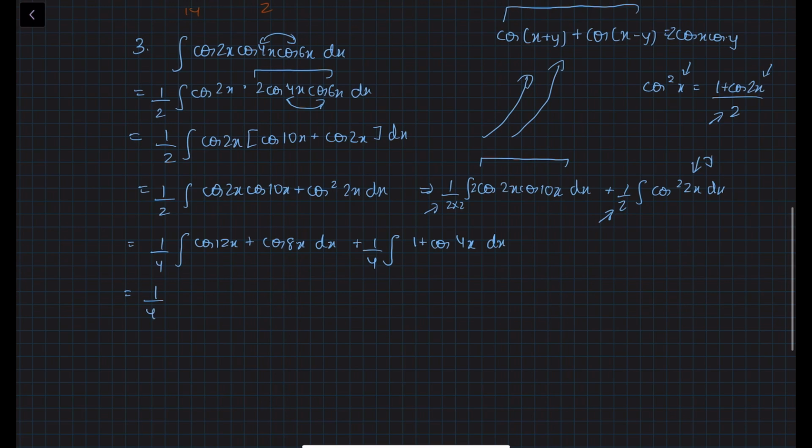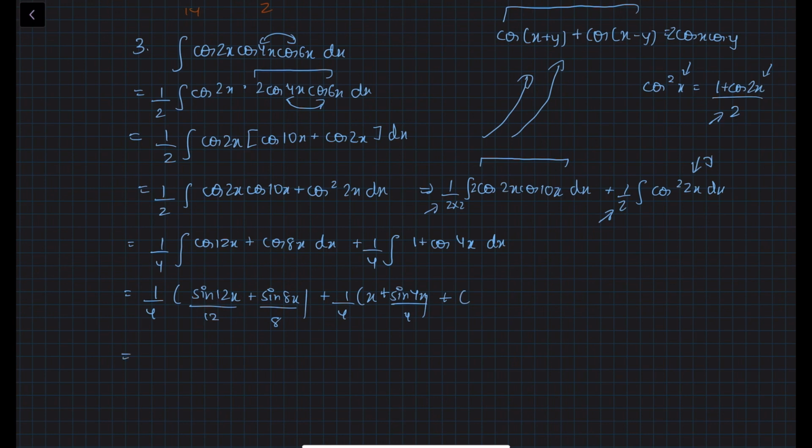So that's going to become 1 over 4 and sine of 12x over 12 plus sine of 8x over 8 plus 1 by 4 of x plus sine of 4x over 4 plus c.